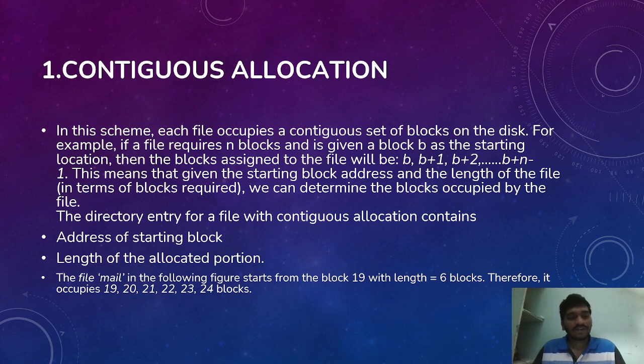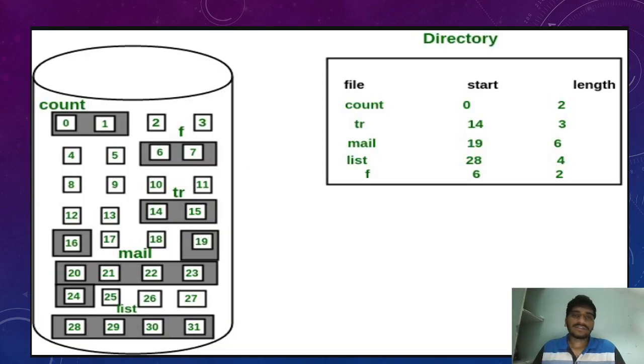For example, we can take a file mail in the following figure. It starts from block 19 with a length equal to 6 blocks, therefore it occupies blocks 19, 20, 21, 22, 23. In the directory, the file names are count, tr, mail, list, and f, and in the picture of the disk we can see the files count, tr, mail, list and f.